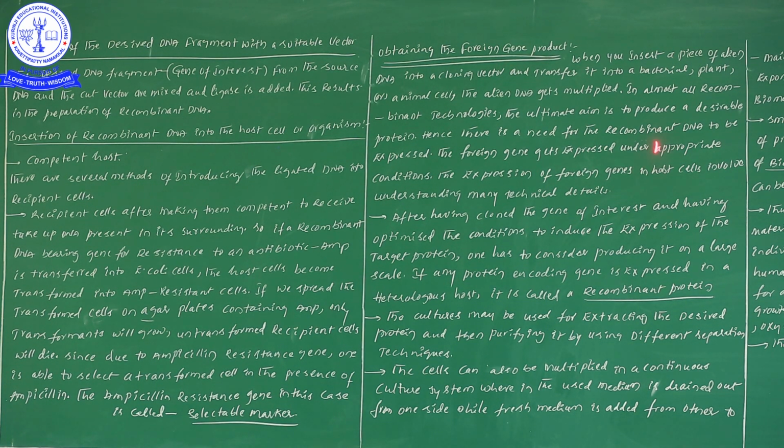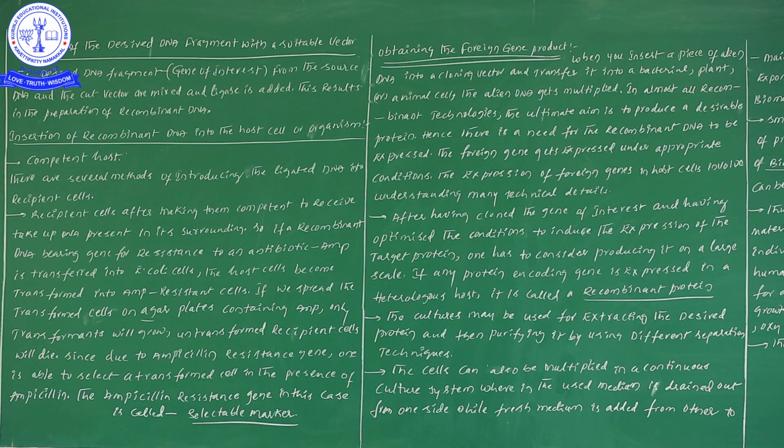When you insert a piece of alien DNA into the cloning vector and transfer it into the bacterial or plant or animal cells, the alien DNA gets multiplied. In this case, we are inserting a piece of alien DNA into the cloning vector, and after creation of recombinant DNA, we incorporate it into bacterial cells, or plant cells, or animal cells.